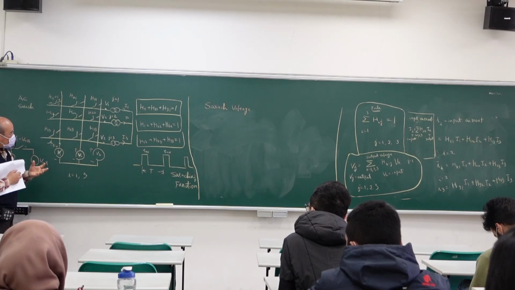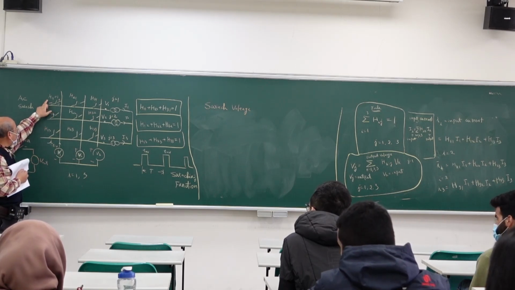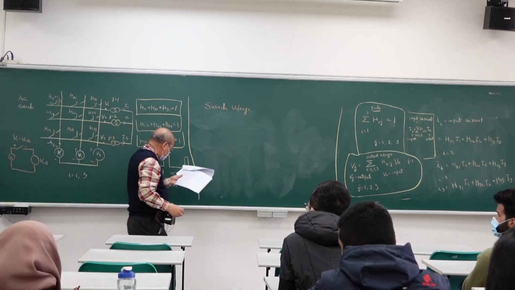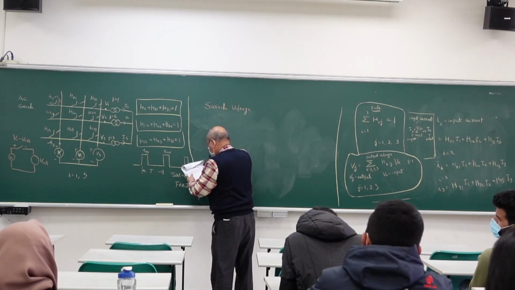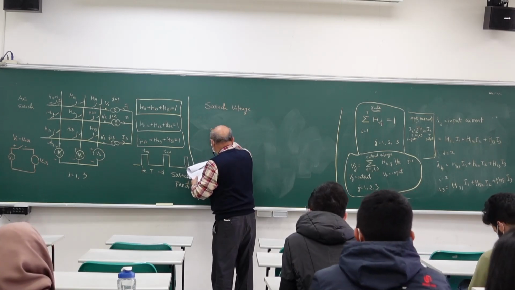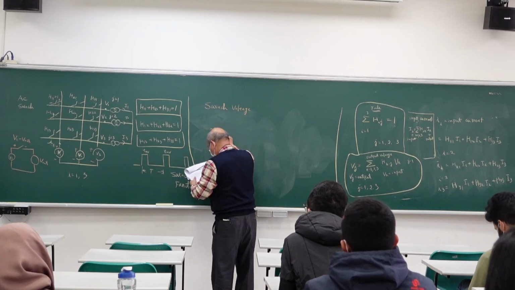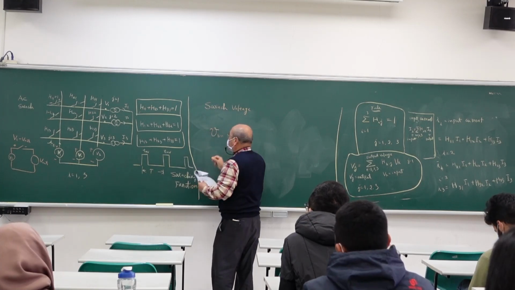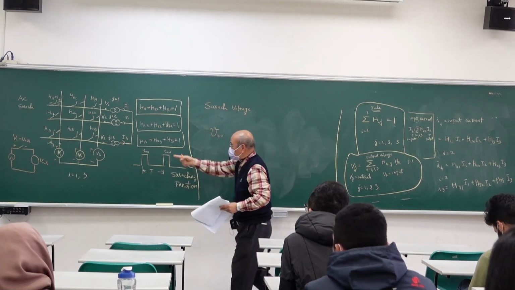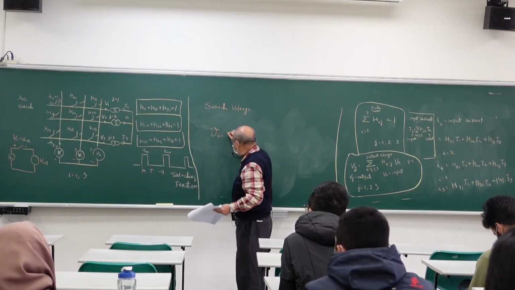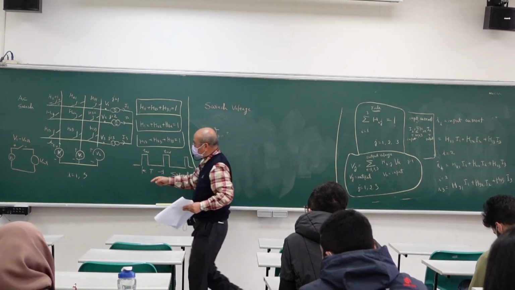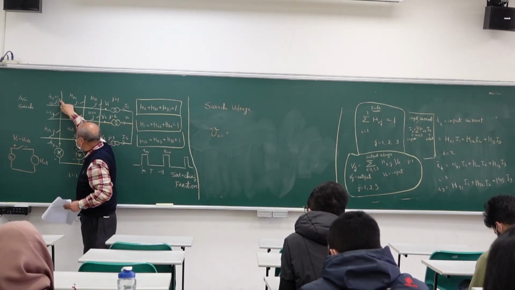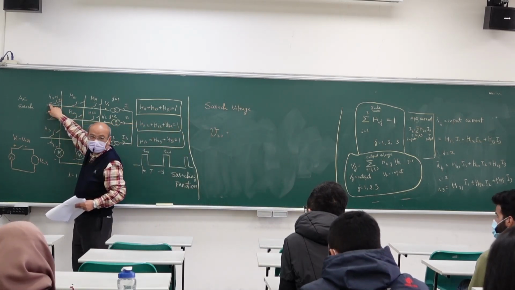So now my question is, what is the voltage across S11? We can write it down as V S11, this switch. What is the voltage across S11? It is equal to this voltage minus this voltage, right?